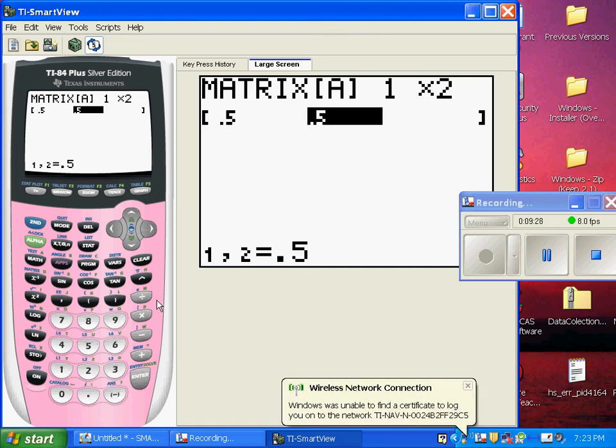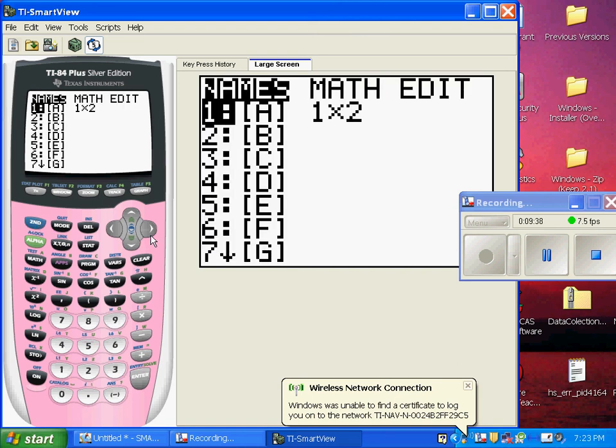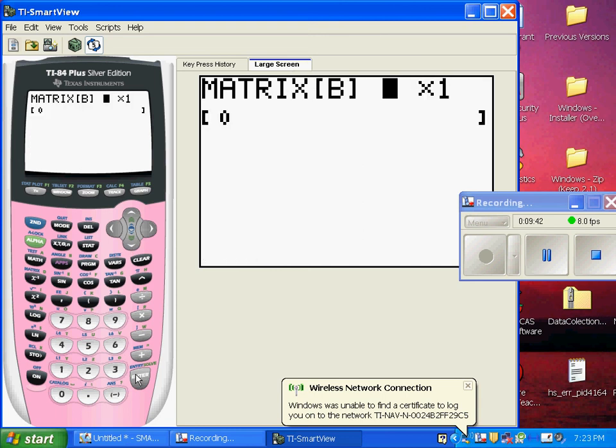So there's my matrix P. Then I hit second mode to quit. Then I'm going to hit second x to the -1. And now I'm going to go over here and edit, arrow down to matrix B. And that's where I'm actually going to put in my 2 by 2 player 1 matrix. So hit 2, enter, 2, enter.